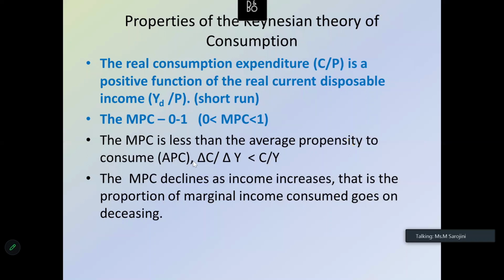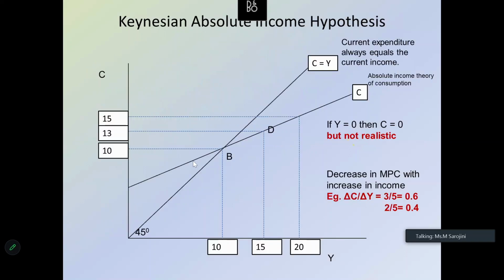This is the justification. When the income increases, consumption also increases. This is also explained by this diagram, the Keynesian absolute income hypothesis.